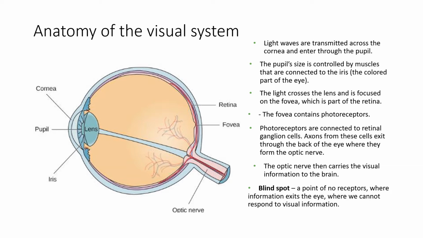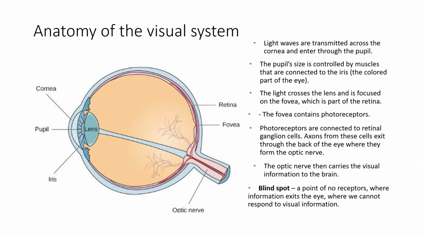And any problem along the way, whether it be in the eye, on the optic nerve, maybe a tumor, for example, or something that's gone awry in the occipital lobe, perhaps a stroke or a tumor or some sort of injury, then we're going to see visual processing being affected. So the optic nerve is then carrying the visual information to the brain.